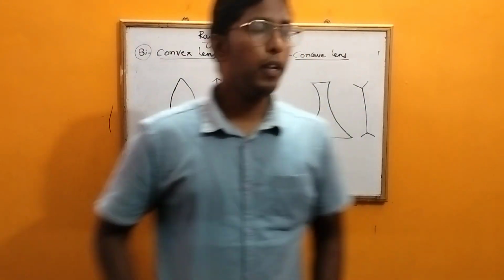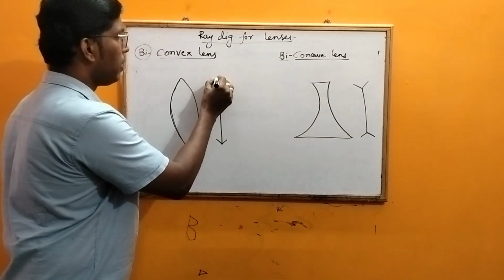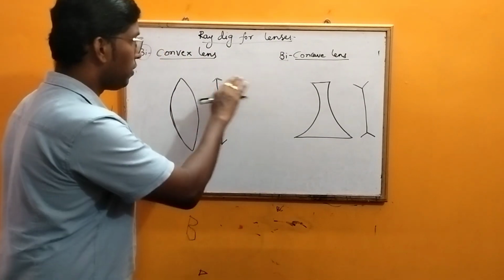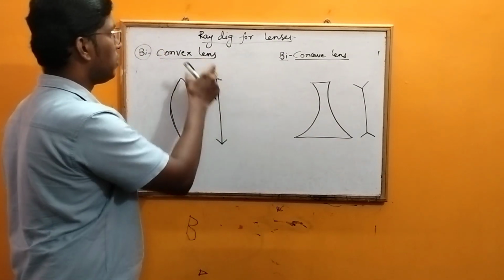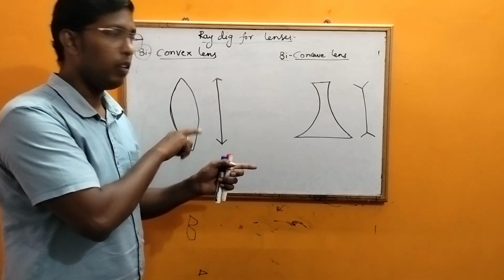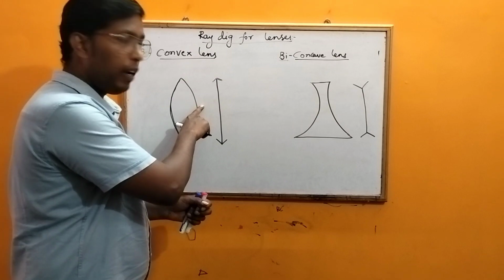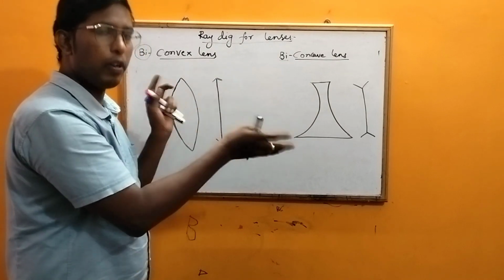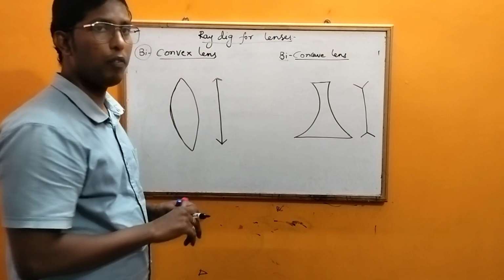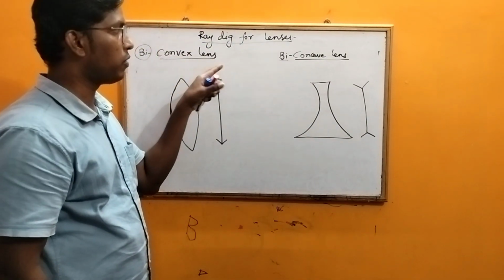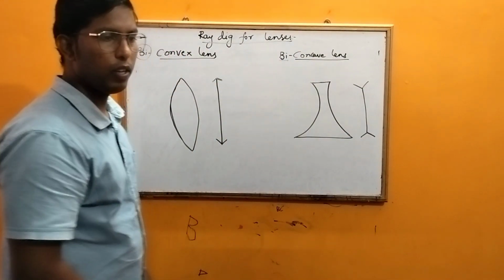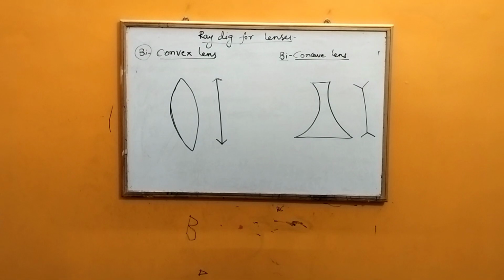That was a concave mirror, but here in this case it is a convex lens. So we get the rules or different conditions for the convex lens. Concave mirror is the same as convex lens, so the ray diagram rules are the same. Here it is concave mirror, convex lens; convex mirror, concave lens. Don't get confused. Very simple. I'll explain in a very simple way.